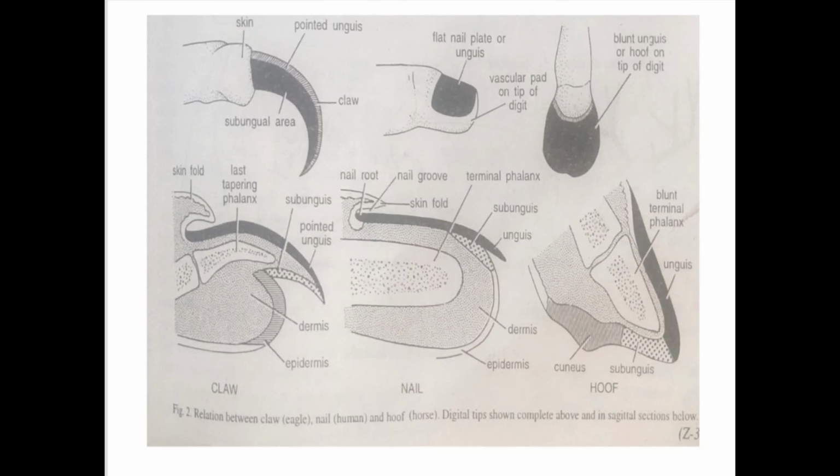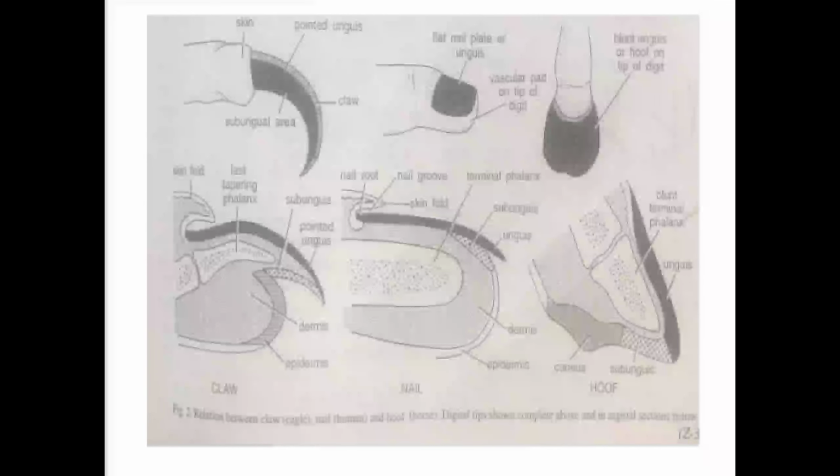Both enclose the tip of the digit, covering the last tapering phalanx. Nails are a characteristic of primates only. In nails, like claws, the dorsal plate is unguis, but the unguis here is broad and flat, whereas subunguis is softer and much reduced.